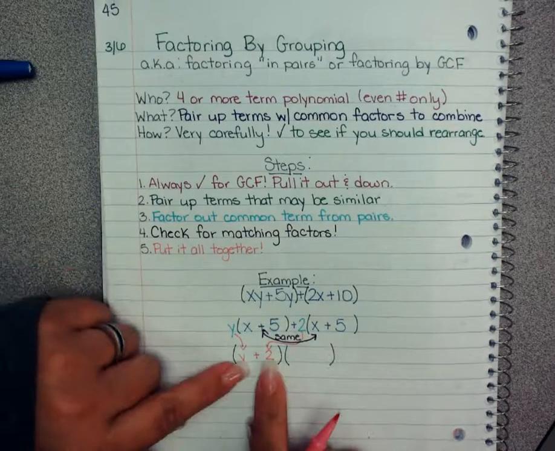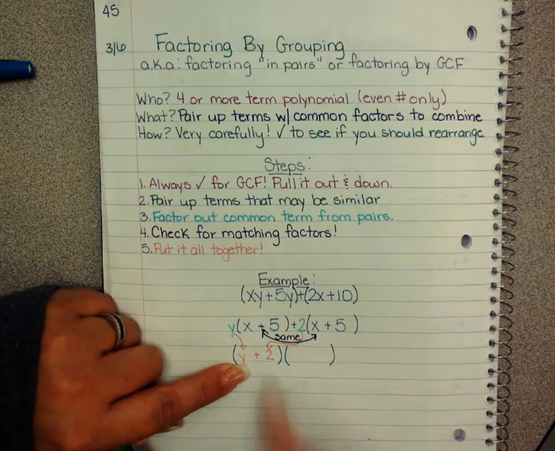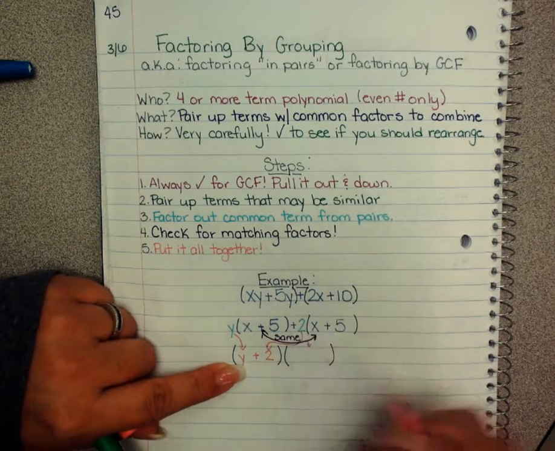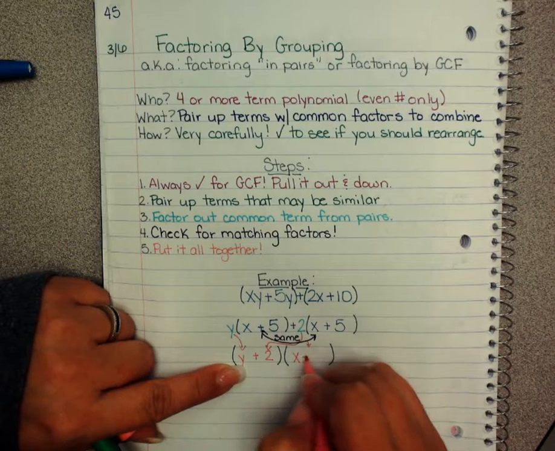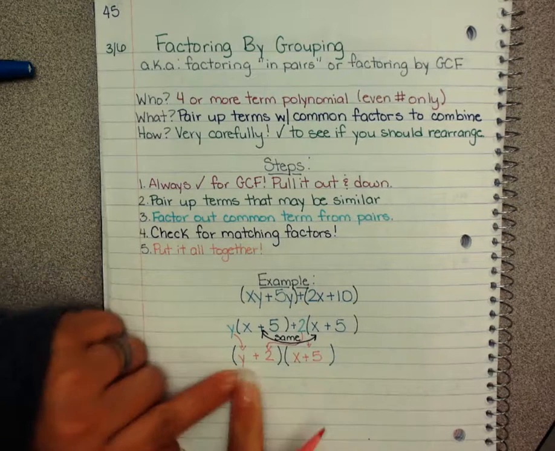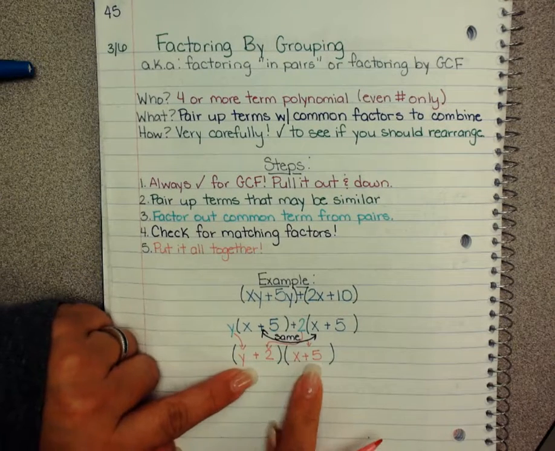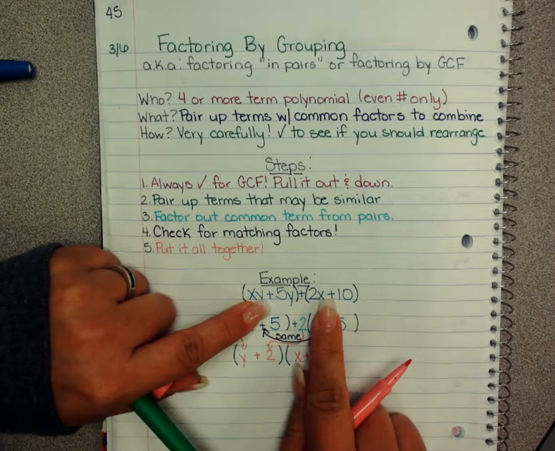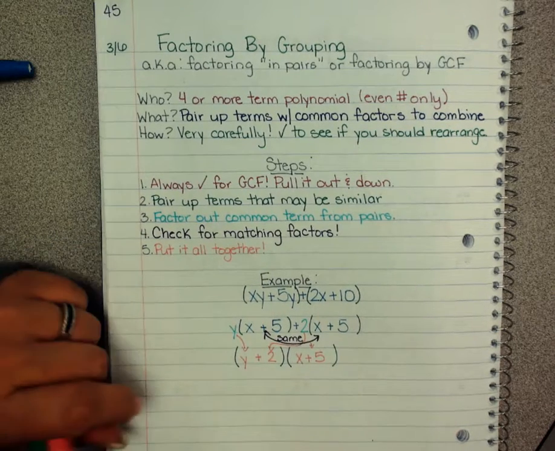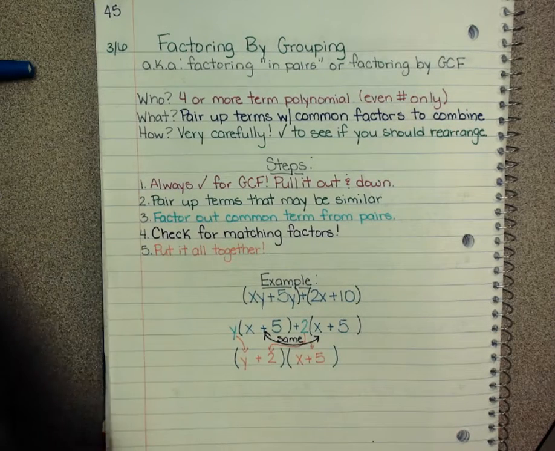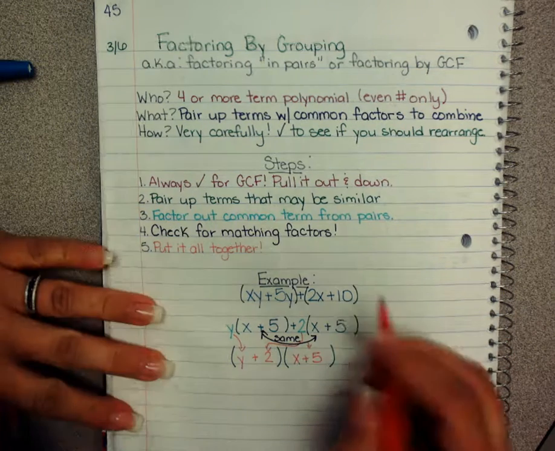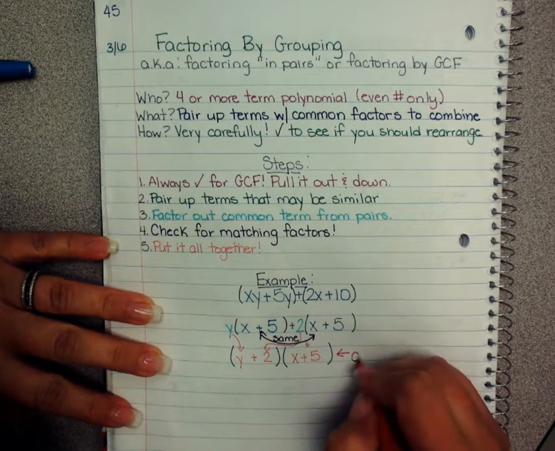So what's in front goes to the first parentheses. Your same factor that we just marked as same goes in your second parentheses. So we get y plus 2 times y plus 5, and if we multiply that out, it will get me back here. So here's your answer.